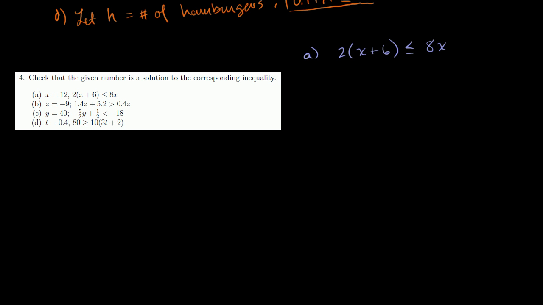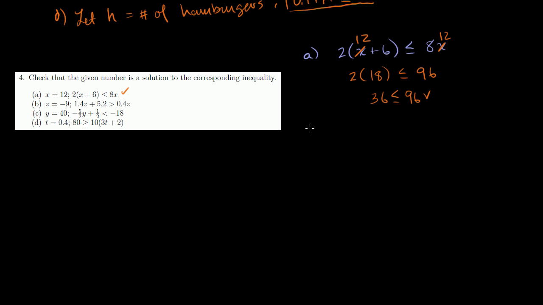If you put a 12 here, and this would be a 12, you get 2 times 12 plus 6. So this is 2 times 18 is less than or equal to 8 times 12. 8 times 12 is 96. 2 times 18 is 36. So 36 is definitely less than or equal to 96. So x equal to 12 is a solution.